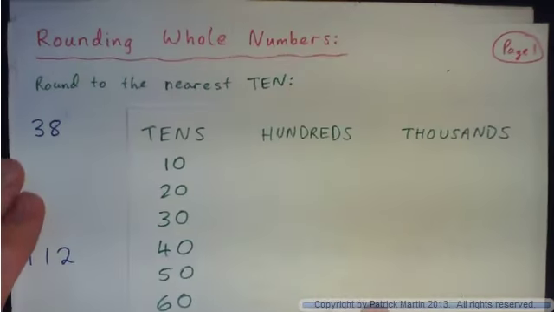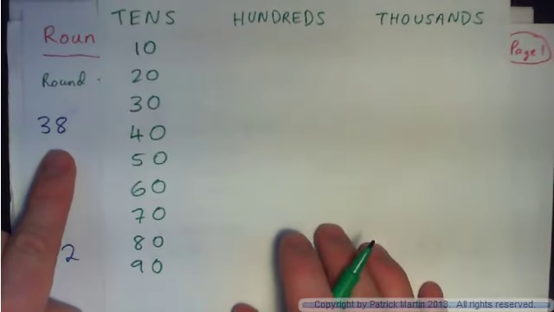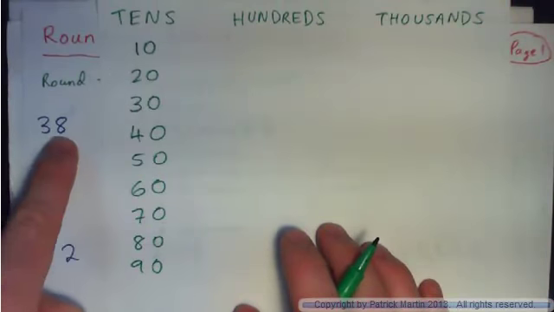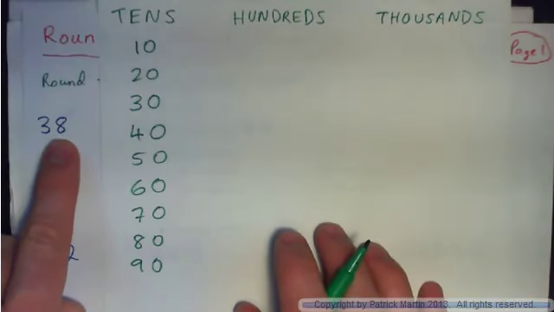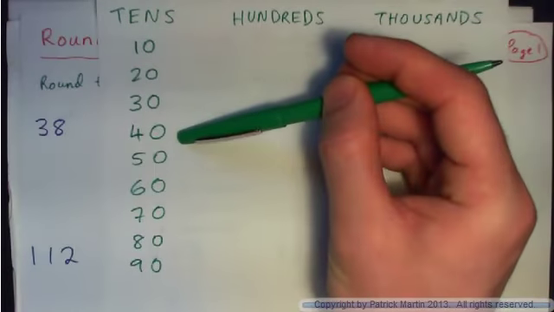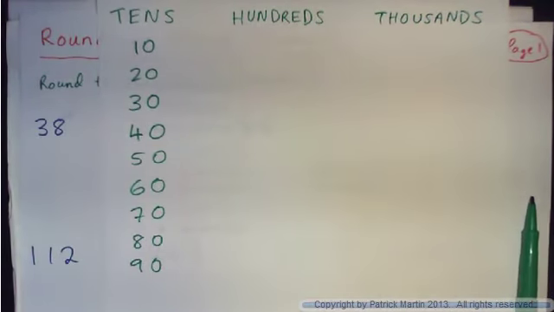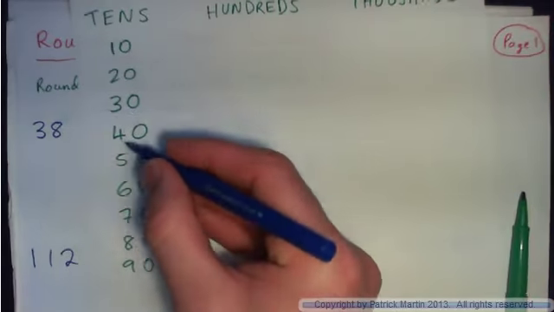So basically rounding 38 to the nearest 10 is saying what 10 number is 38 nearest to? Is it nearest to 20? Nearest to 30? Nearest to 40? Nearest to 50? Which one is it nearest to? It's closest to 40, isn't it?